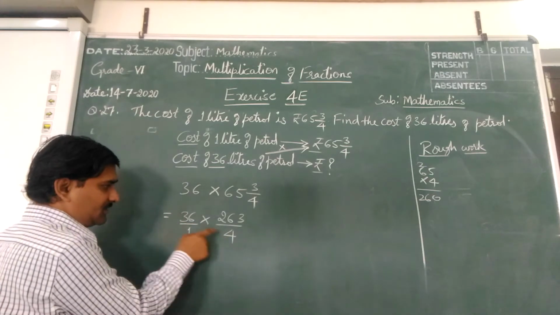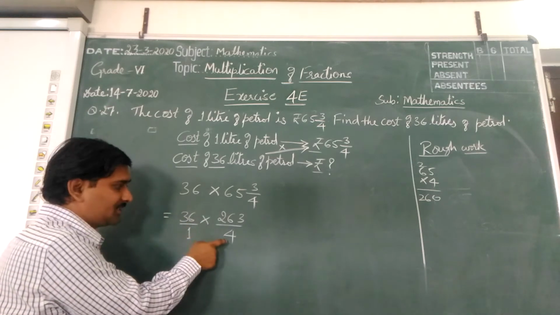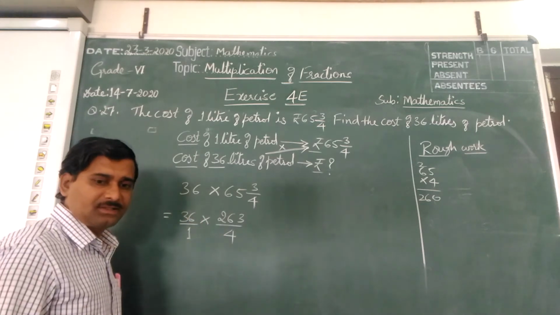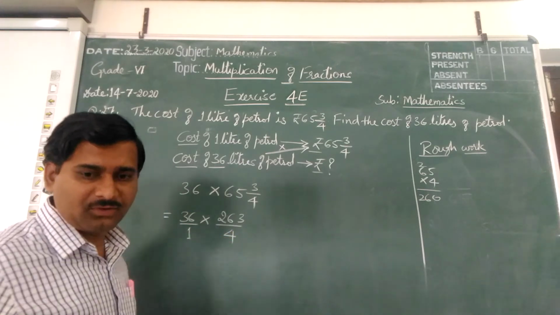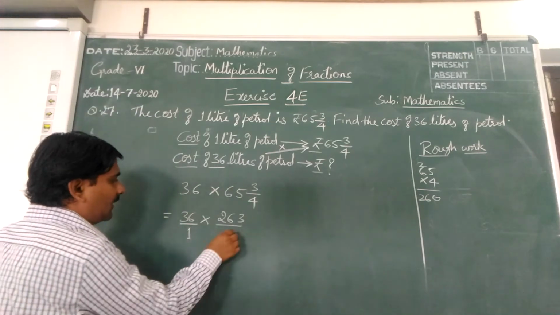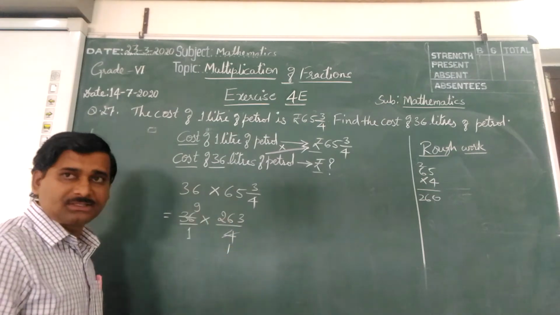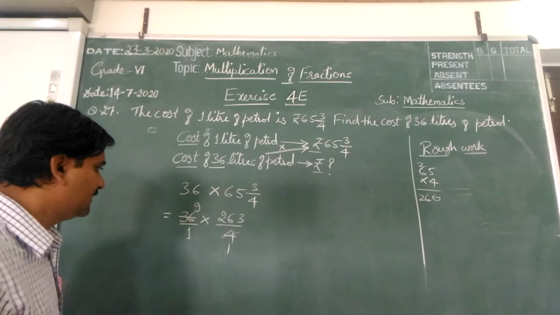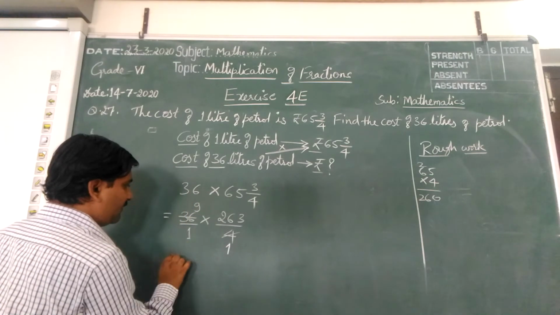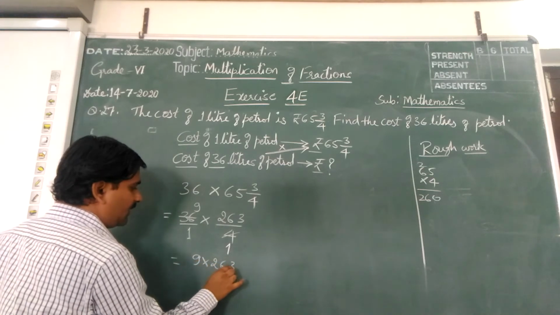So 36 and 4 cancel by the table. Which table? 4 ones are 4, 4 nines are 36. Now the numerator is 9 into 263.